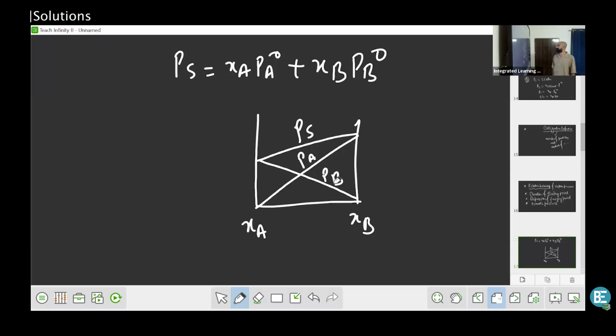This is the graph. This is partial pressure or vapor pressure. This is how the graph of Raoult's law is drawn. This is asked a lot actually, so draw it down. This is the graph of Raoult's law.